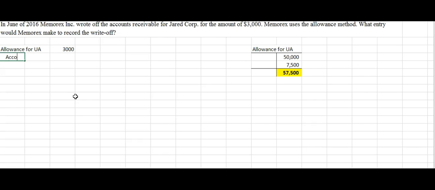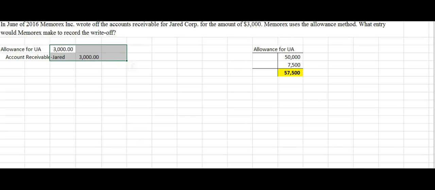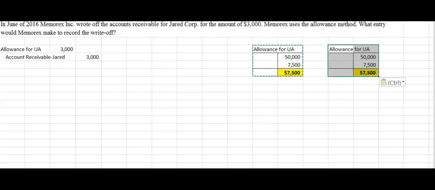Okay, so accounts receivable Jarrett, and you're going to close it. Because Jarrett, let me show you the other side of the equation very quickly. Because you had a sub account for Jarrett. You have an account receivable as well.